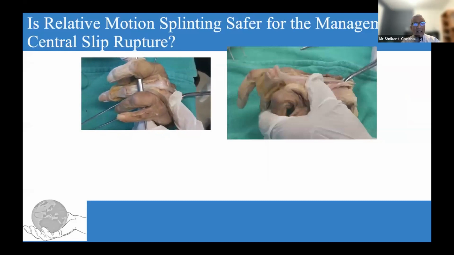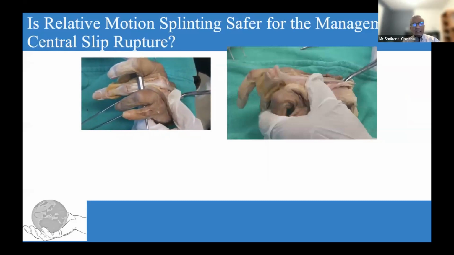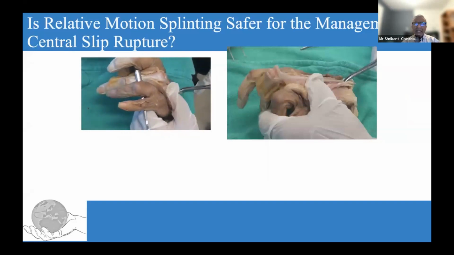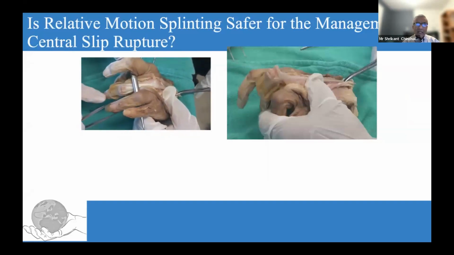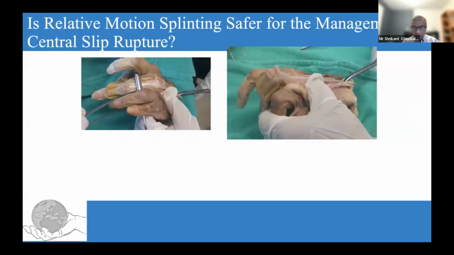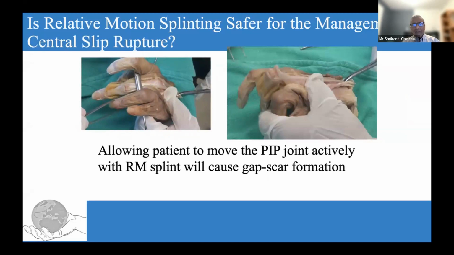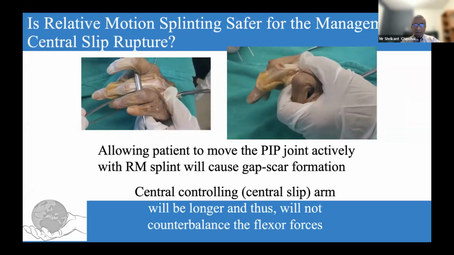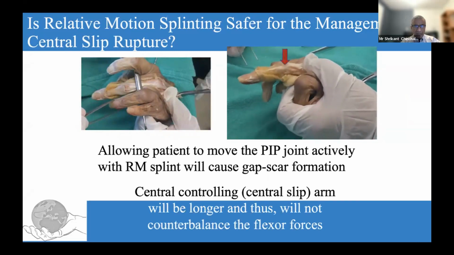Nowadays, people are using relative motion splinting for the management of central slip rupture. But let's look at whether this is a safer method to manage the central slip rupture. In my opinion, no, because allowing patients to move the PIP joint in a relative motion splint will constantly move the central slip and the site of insertion away from each other on a regular basis.